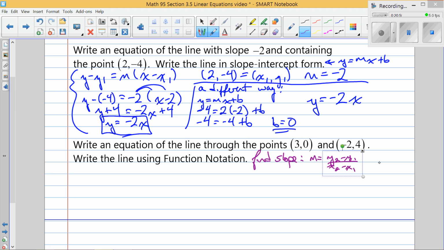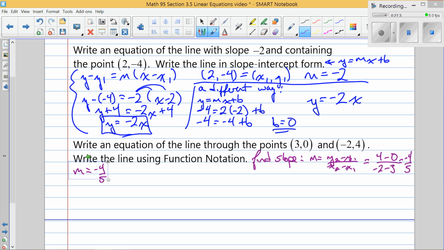For us, it doesn't matter which one is my y2 and which one is my y1. So I'm going to say 4 minus 0 over negative 2 minus 3. If I finish this out, I'm going to get negative 4 fifths as my slope. M equals negative 4 fifths.